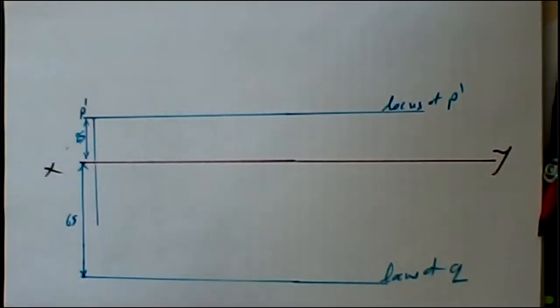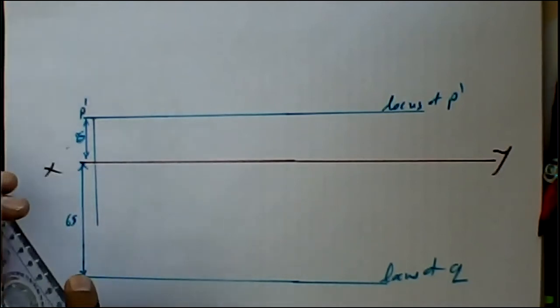Now we do have one more information, which is that the plan length is at 45 degrees and it is having a length of 70 units. Plan length is at 45 degrees.